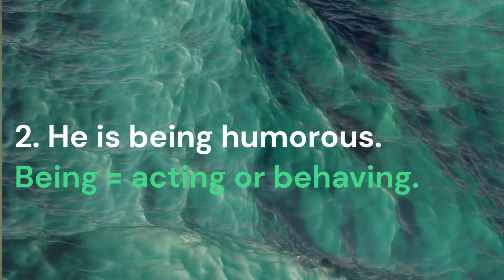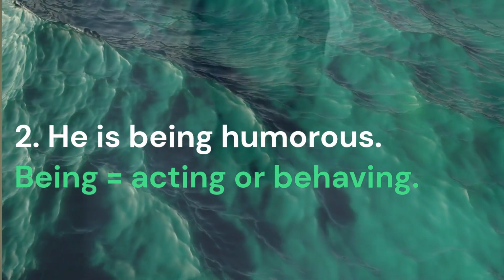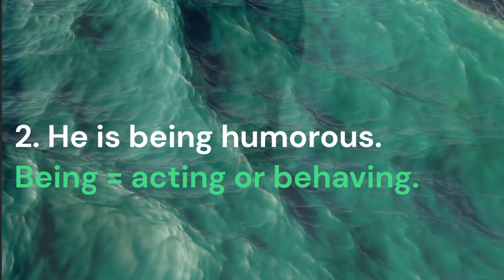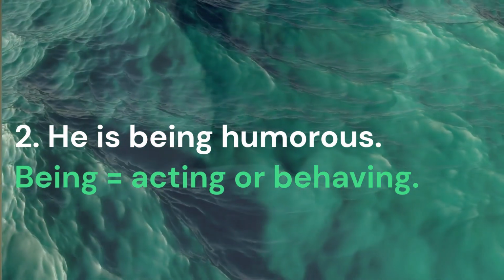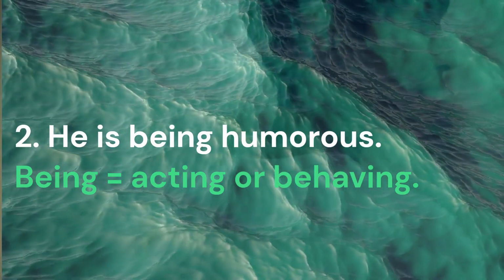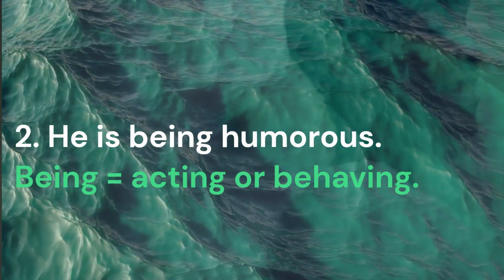Here the person is acting or behaving humorous. So the verb being is an action indicating verb of behaving. That is the reason why this word is used in the continuous tense.